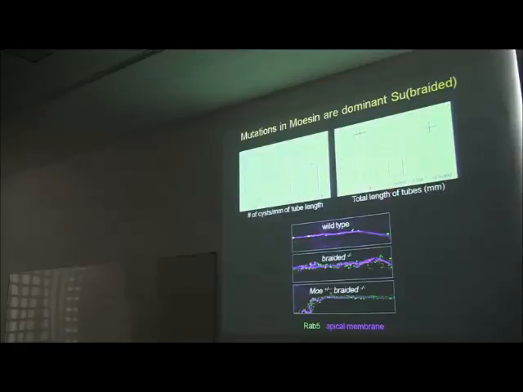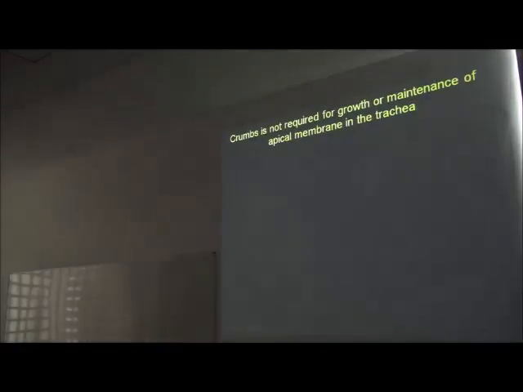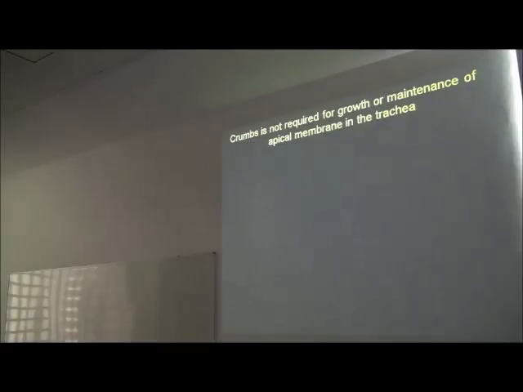And then to get an idea of how much seamless tube is made, we score the total length of the tubes as a proxy for measuring branching. And we get this rescue without restoring the normal pattern of protein receptors, so the Rab5 is still disturbed. And like overexpressed as well, over accumulated, right?